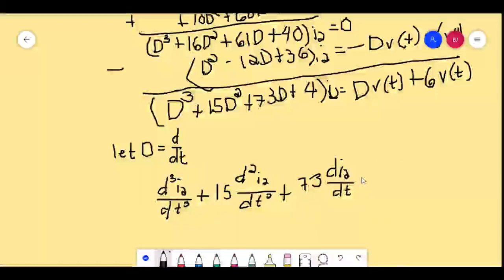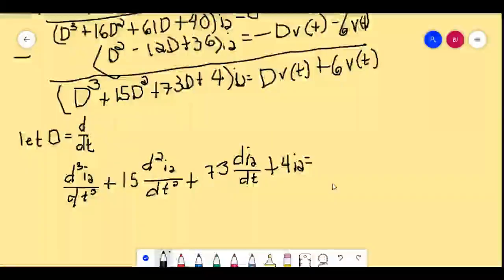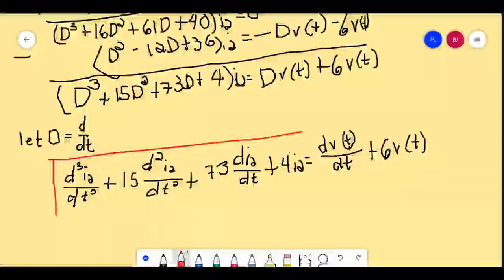Okay. And we have 4 I2 equal to this would be d of v of t over dt plus 6 v(t). So this would now be our answer for the differential equation for I2.